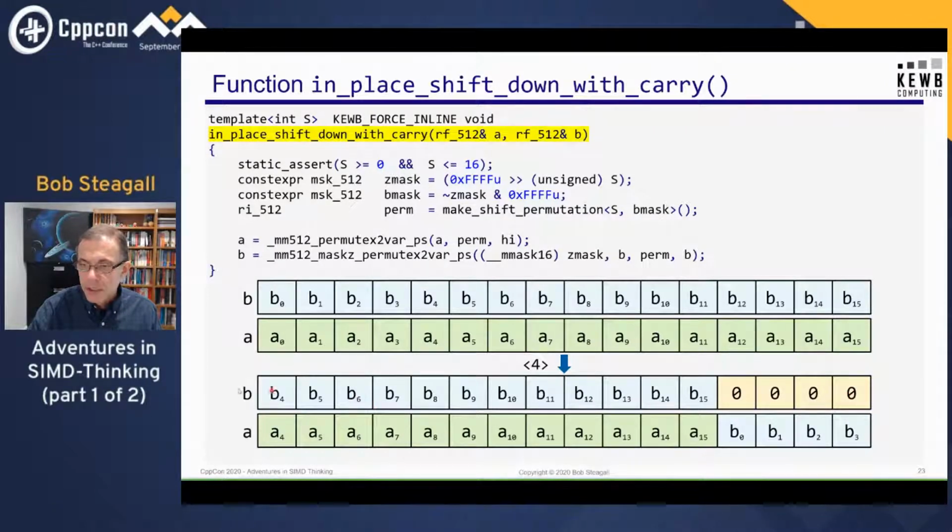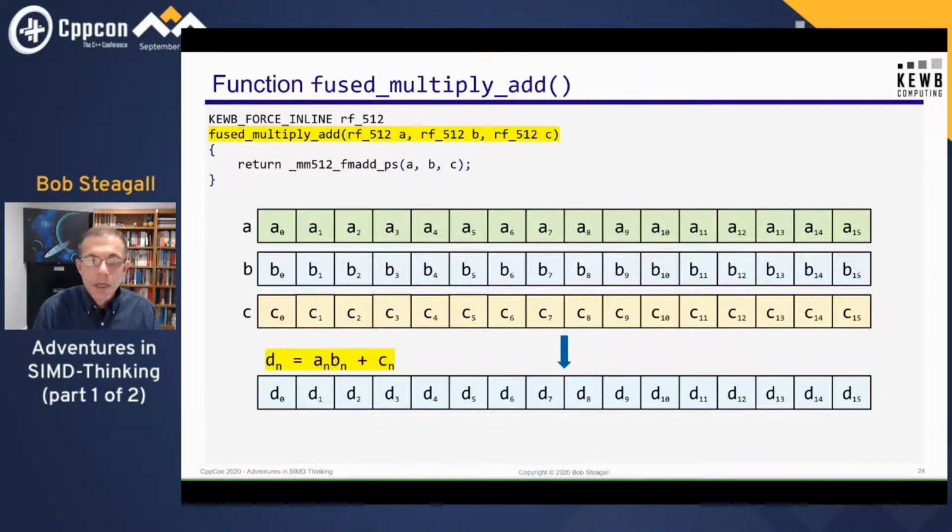The lower 4 original values of B are going to end up in the upper 4 values of A, and the bottom 4 values of A are lost. So again, it's as if I have A low and B high, I'm shifting everything to the left by 4 elements, filling the top 4 elements with zeros, and I'm doing it in place in the registers themselves.